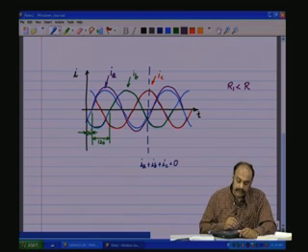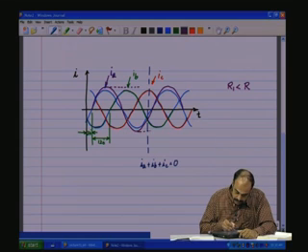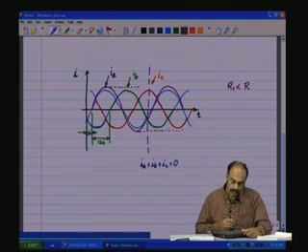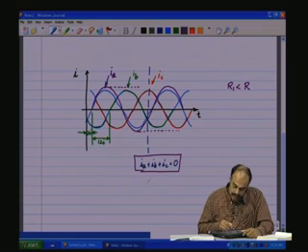This is our new IA. Now, this IA is having a different amplitude compared with IB and IC. So, this makes this relationship invalid, meaning IA plus IB plus IC has a finite value which is not equal to 0.